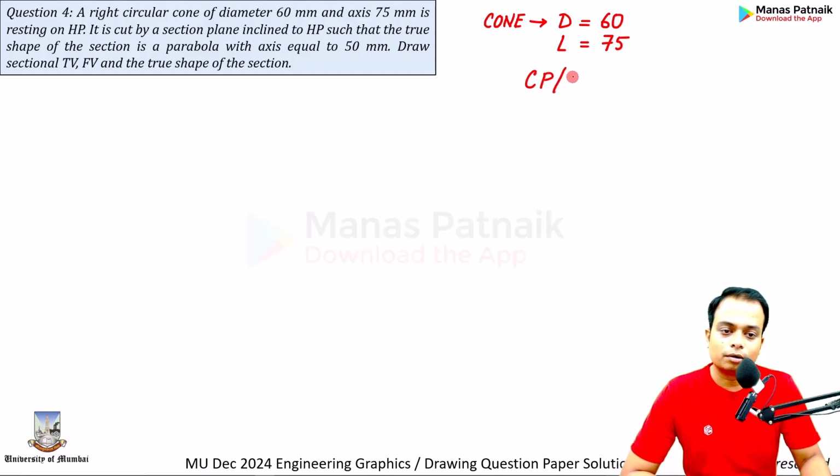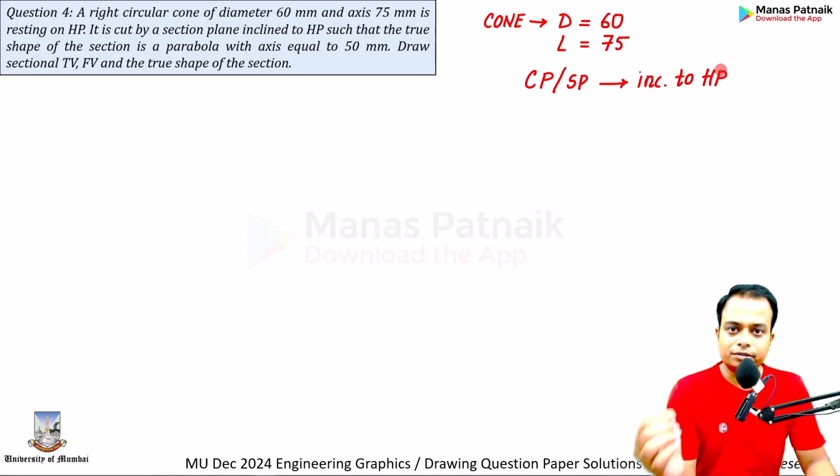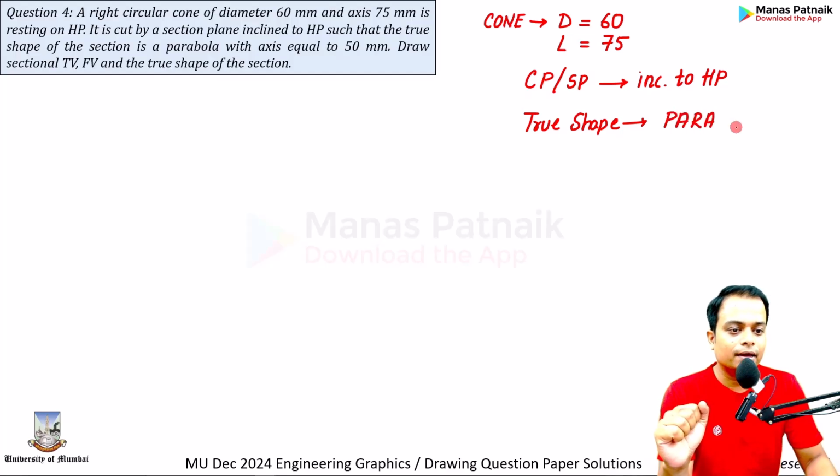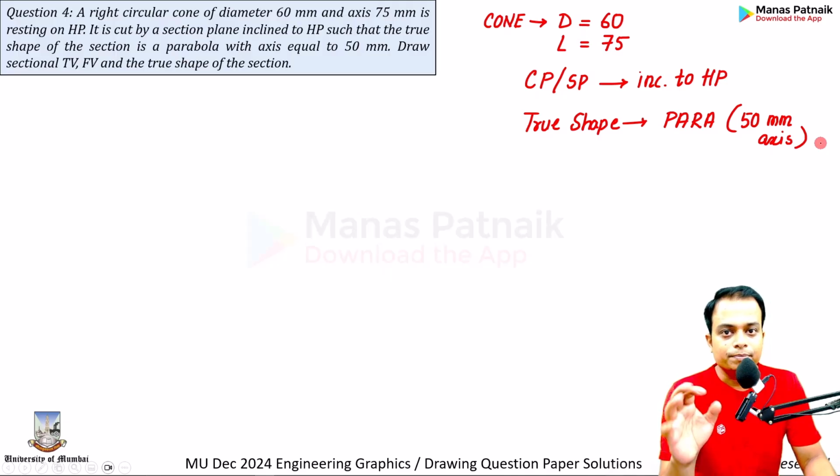Cutting plane or section plane, it is inclined to HP. You can find the inclination also once the drawing is done. The true shape which we have is in fact a parabola. Let me just write parabola with axis of 50 mm. This is the information that we have. Now you need to reverse engineer and get to the cutting plane's location.